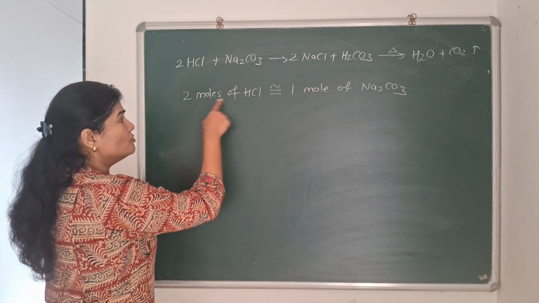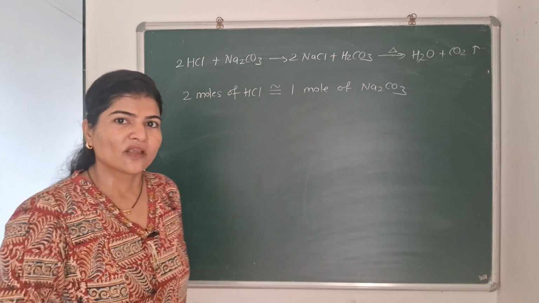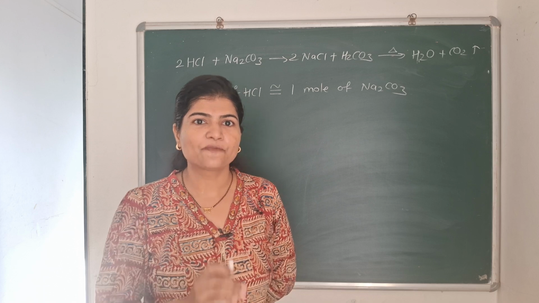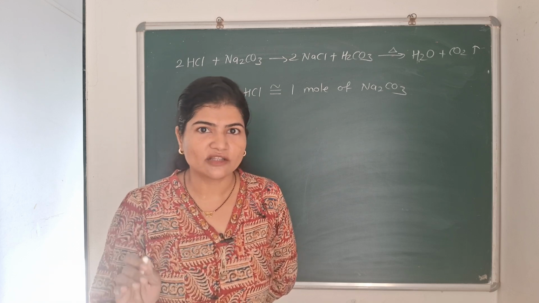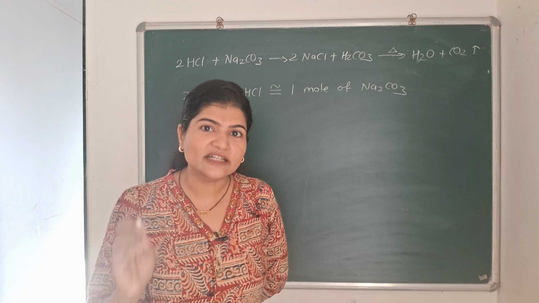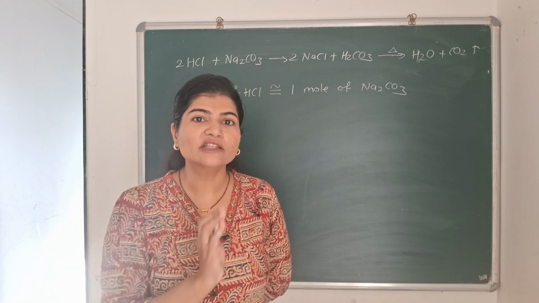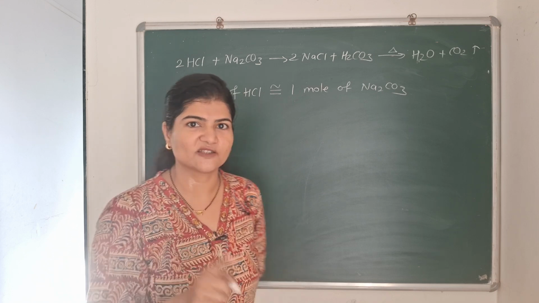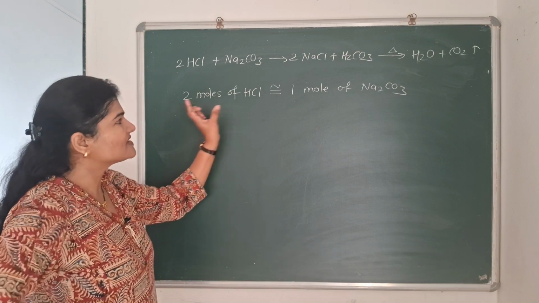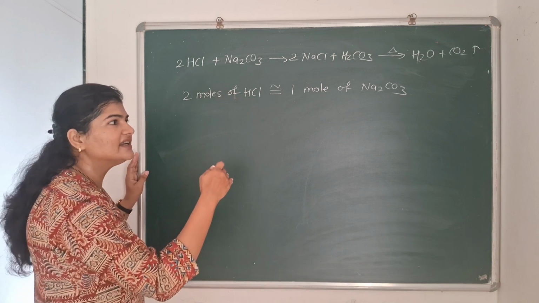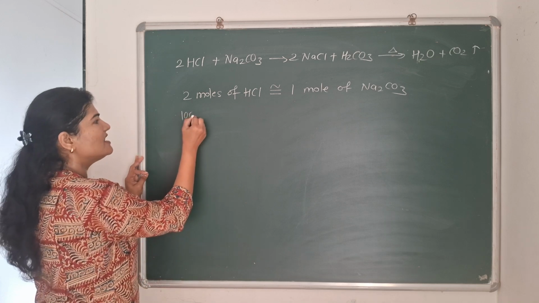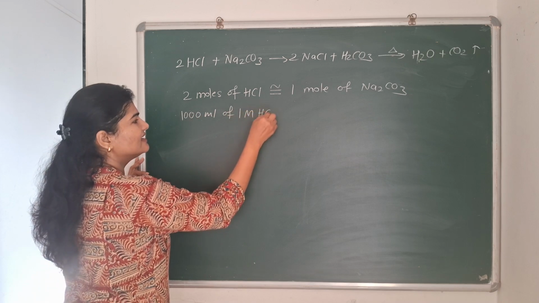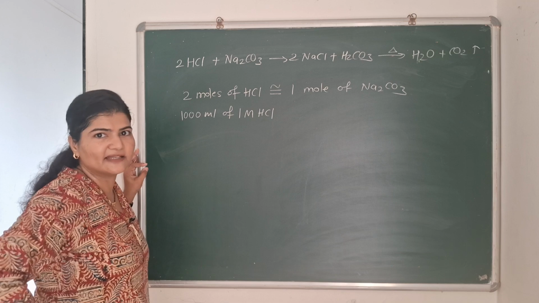Now 2 moles of HCl means, you know what molarity is. Molarity means you are preparing a 1000 ml solution, 1 liter solution, by dissolving the molecular weight of the substance into it, which we call a 1 molar solution. Now 1 mole of HCl, how will I write it? 1000 ml of 1 molar HCl means 1 mole of HCl.